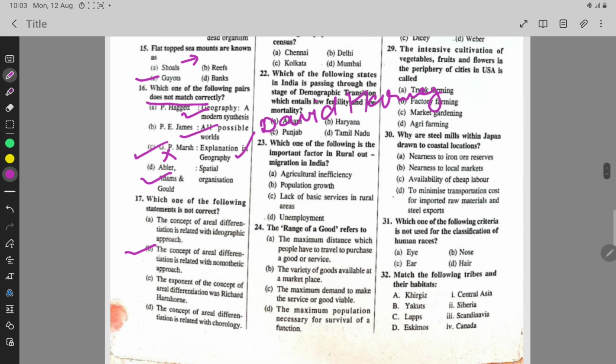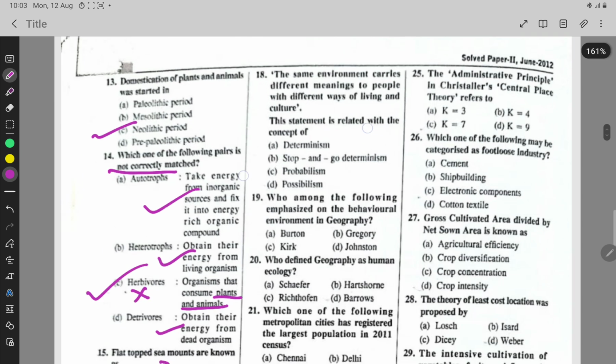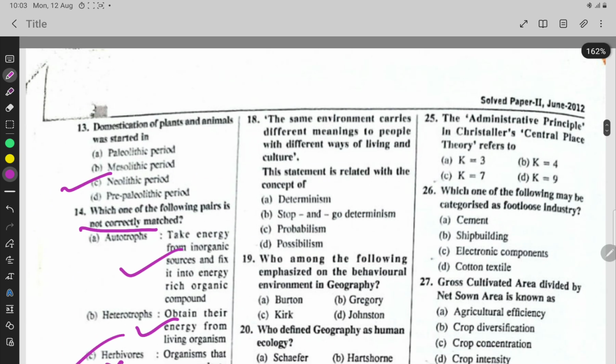18th. The same environment carries different meanings to people with different ways of living and culture. The statement is related with determinism, stop and go determinism, possibilism, probabilism. Answer is possibilism.